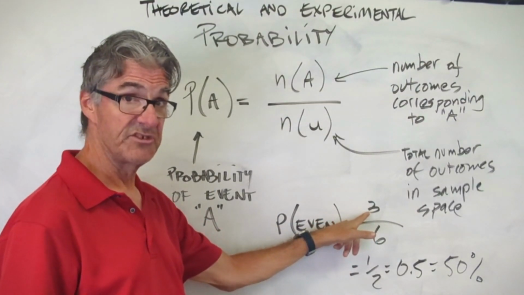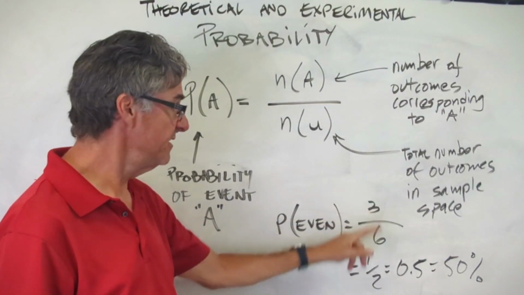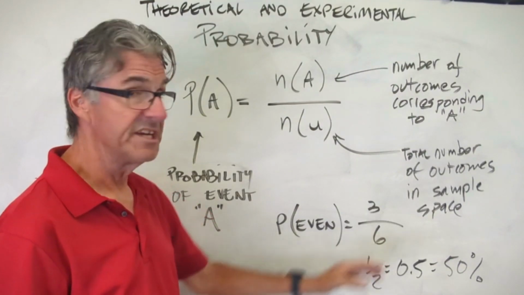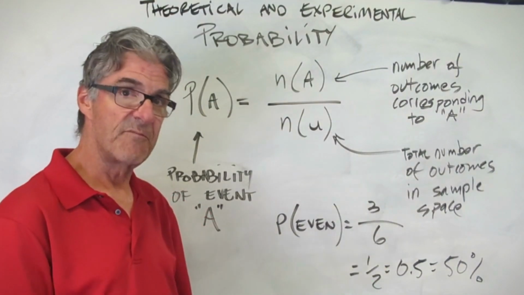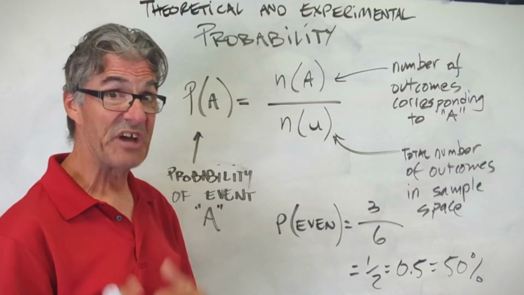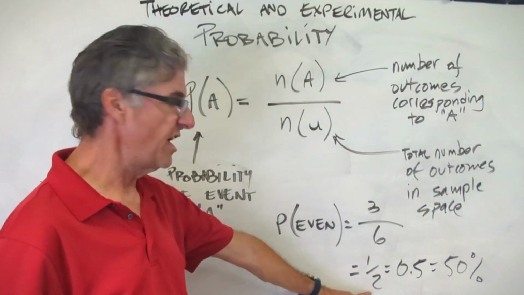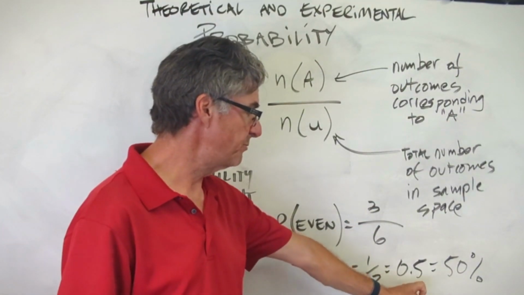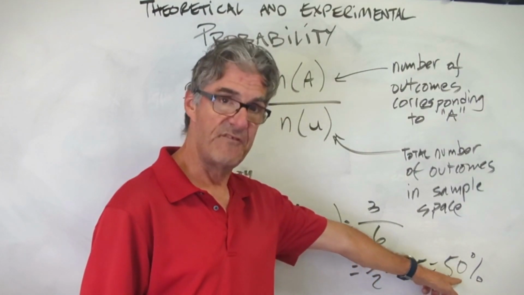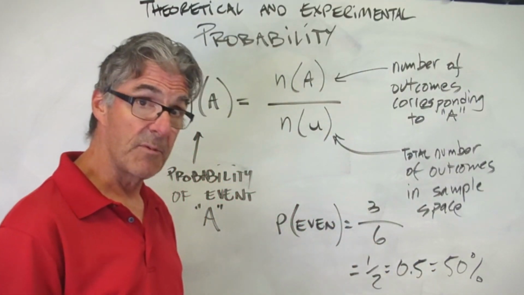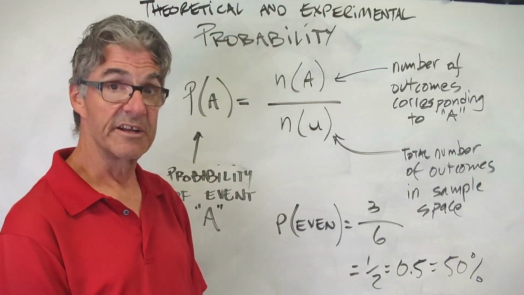There's 3, that's 2, 4, and 6 on a die. And then the total number of outcomes in the sample space, that's the total number of possibilities by rolling a 6-sided die. And indeed, there are 6 of those. So 3 out of 6 reduces down to 1/2, which is the same as 0.5, which is the same as 50%. So that's the probability of rolling an even number on a 6-sided die.